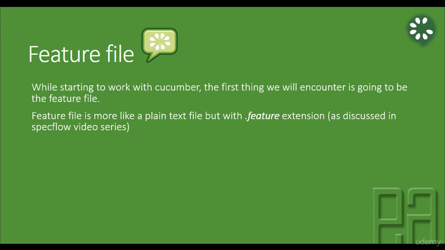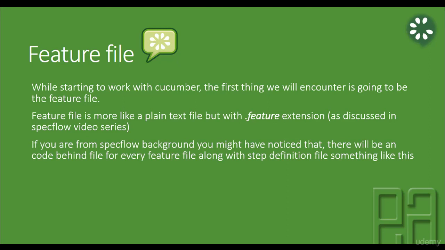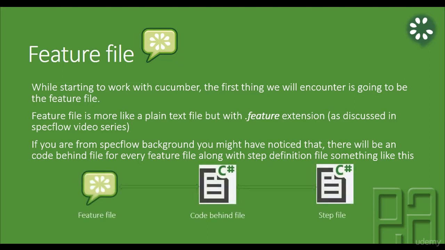So within the feature file, we will be writing all our steps, which is nothing but the Gherkin specification that we discussed in part 1 of this video series. If you are from the SpecFlow background, you might have noticed that there will be a code behind file for each and every feature file along with the step definition file.